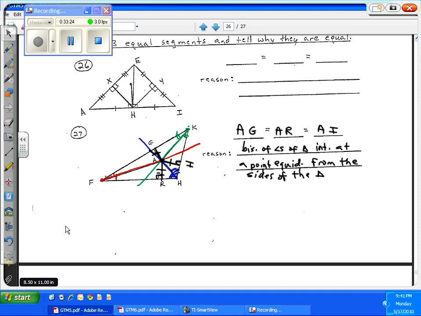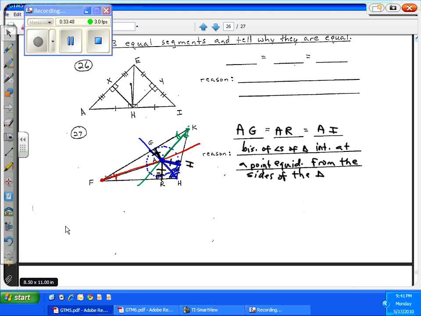The bisectors of the angles of a triangle intersect at a point that is equidistant from the sides of the triangle. And again, if we used that point of concurrency as the center and one of those distances as the radius, we could inscribe a circle in that triangle.